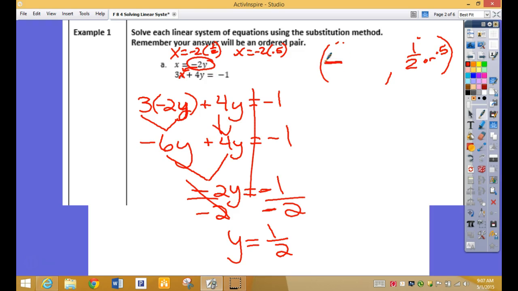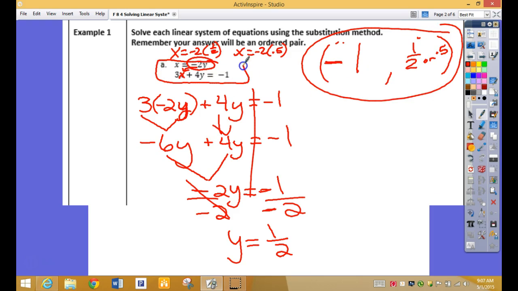And it's a negative 1. Everybody agree? And then, if you were to check it, what would you do? You would put the x in the x spot and 1/2 in the y spot. Right. You check them in your originals.